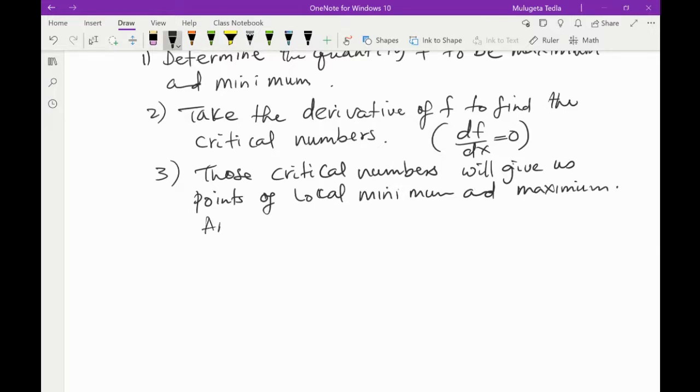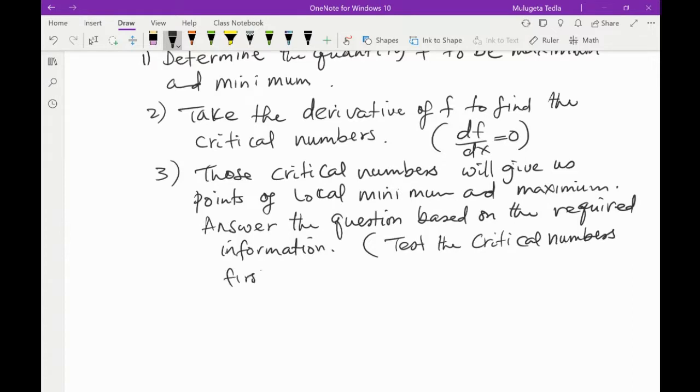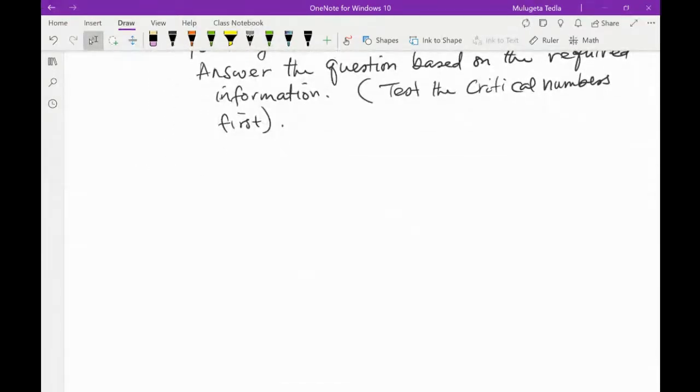So answer accordingly, as we answer the question, based on the required information. So you might want to test the critical numbers first, just to make sure. These are the three procedures which I believe are important.